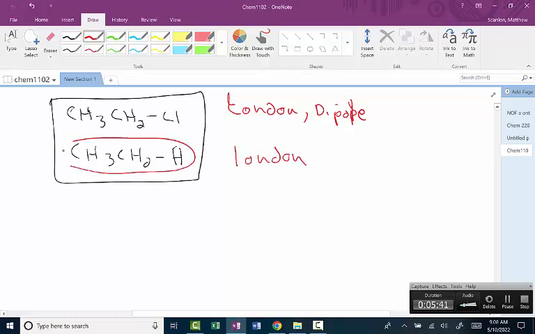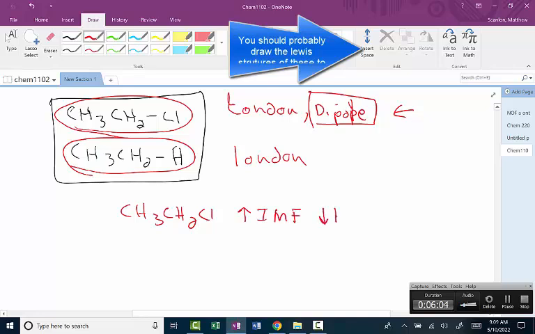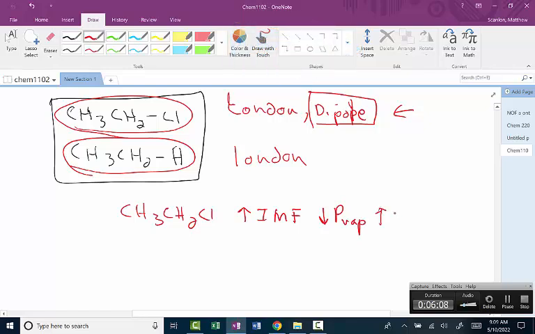The London forces are about the same because these are about the same size, and so this one has dipole included, and that is going to increase its intermolecular forces. And so we expect CH3CH2Cl to have stronger intermolecular forces, lower P vape, and increased boiling temperature. And that's what we find.